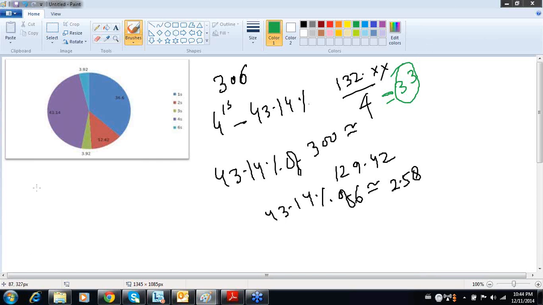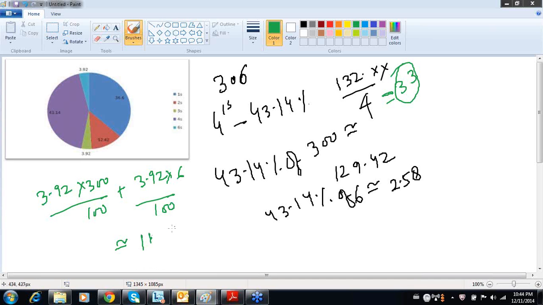Now similarly, for 6 it is 3.92% of 300 plus 3.92% of 6, which will come out to be something like 11.76, or say 12.